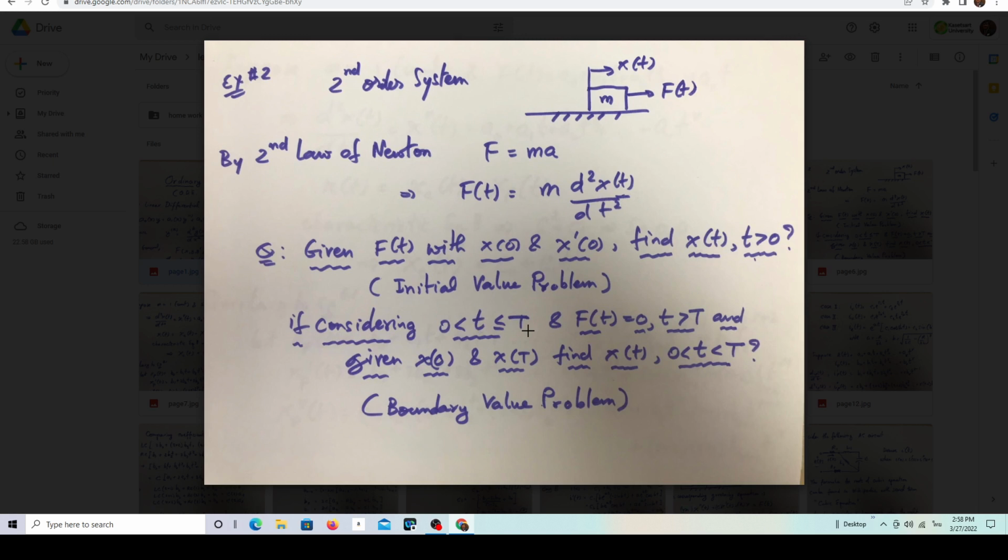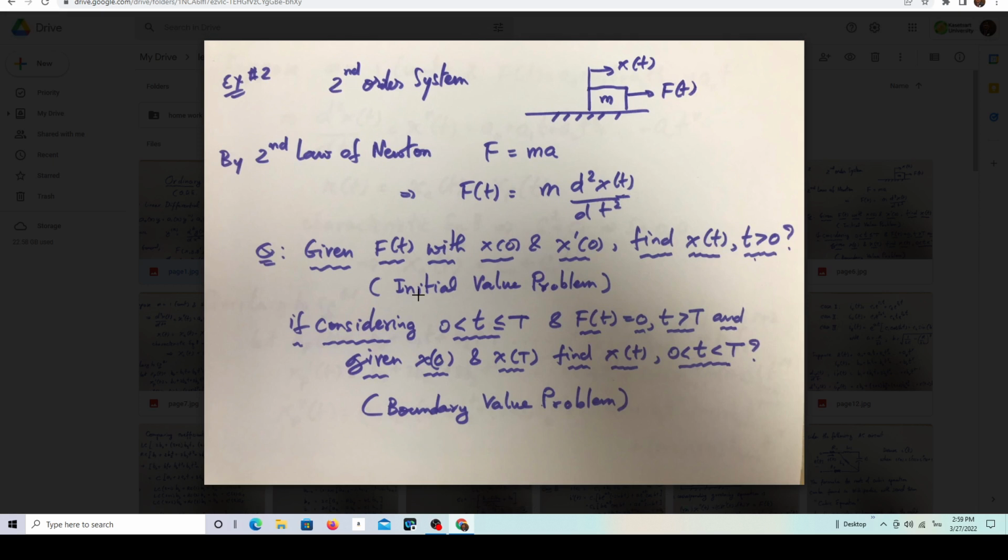Consider now a finite horizon. For example, for t greater than 0, but we finish at some finite horizon period, capital T, and after that f(t) becomes 0 when t is greater than capital T. It means you apply the force function only within the period capital T. In this case you are also given two conditions, but not just two initial conditions like the original question.